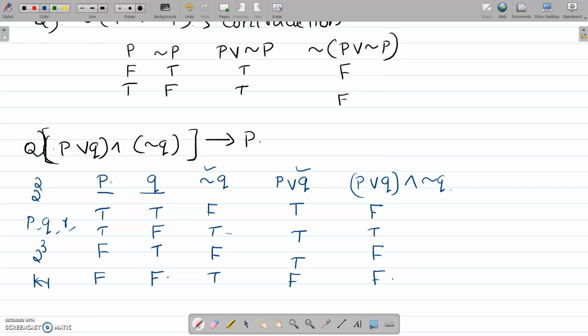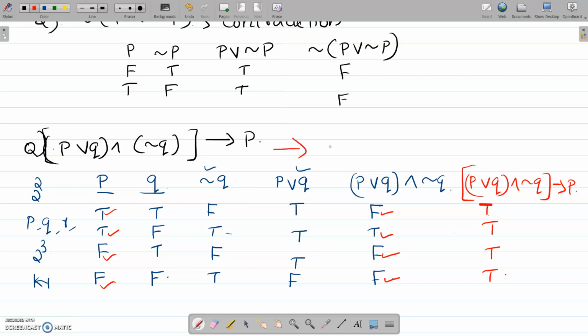Now this implies P. How will it come? False implies true: the next one is the important one, that is the result, P or Q and negation Q implies P. False implies true is always true. Next, true implies true is true. Then false implies true is true. Then false implies false is also true.